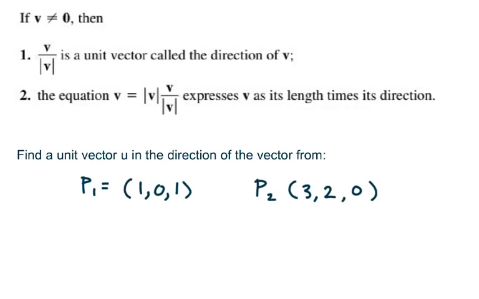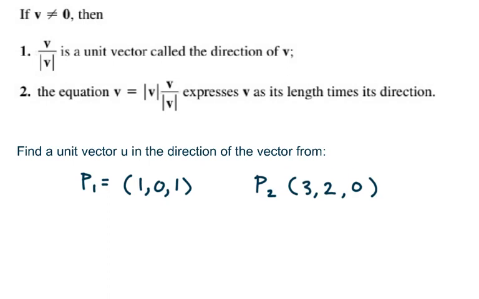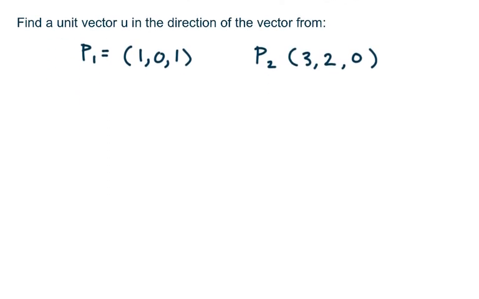Let's find a unit vector u in the direction of the vector from p sub 1 to p sub 2. So these are 2 points. So the first thing we need to know is what is our vector that we're dealing with. So let's determine v in component form. V is the vector from p sub 1 to p sub 2.